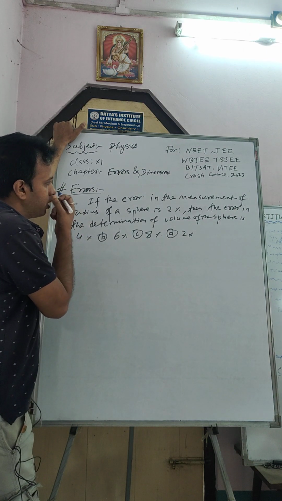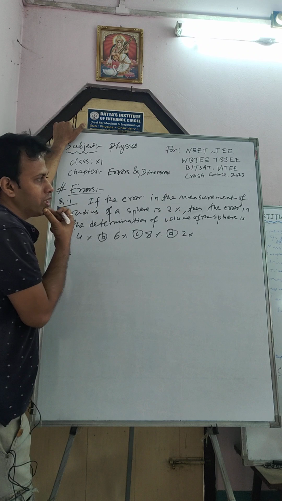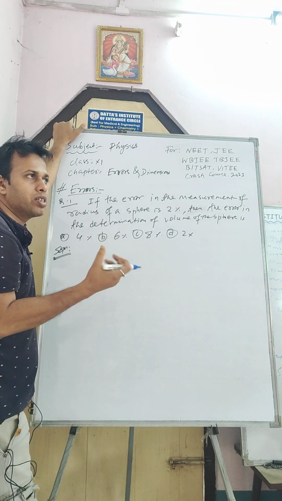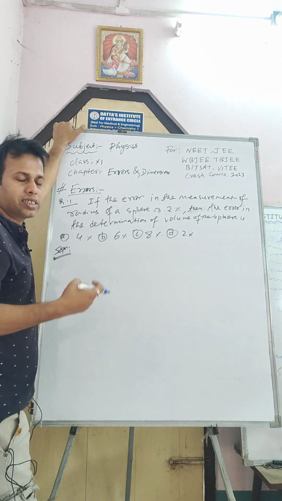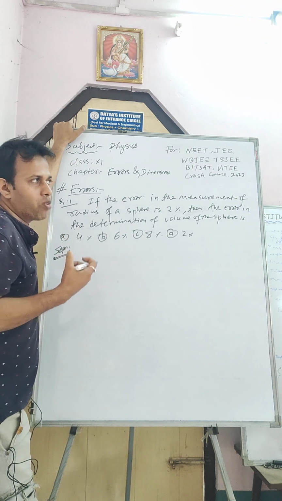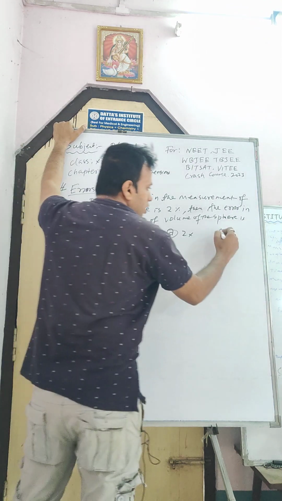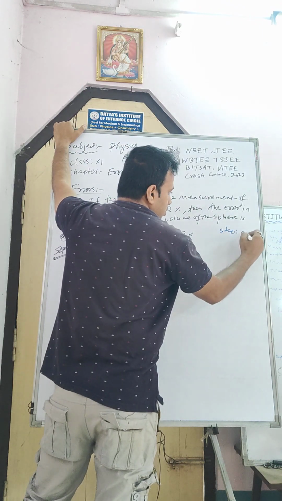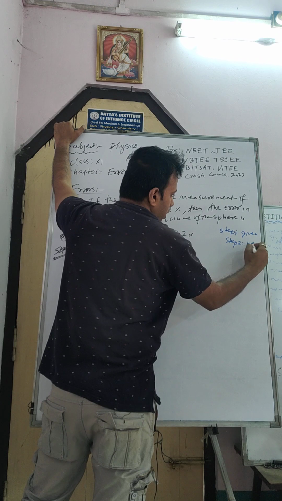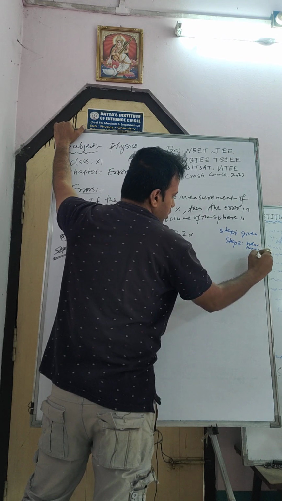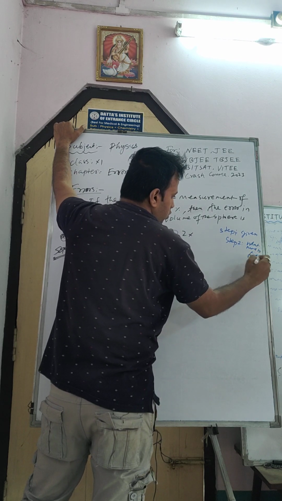So what is given here? In physics, you should always first write down what is given in the question and what you have to find out. The next step is what formula you know, okay. Step 1, write the given condition first. Step 2, what you have to find out, give a question mark.